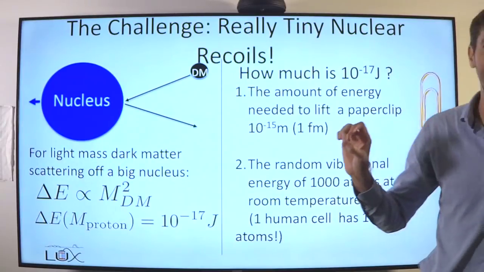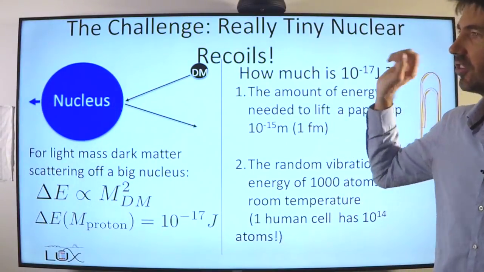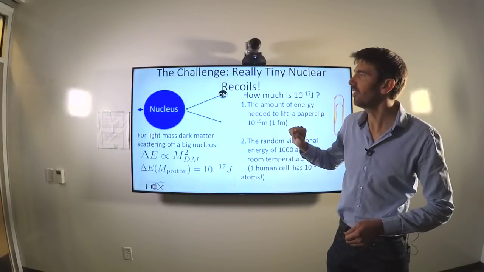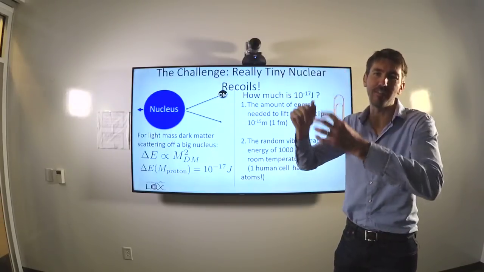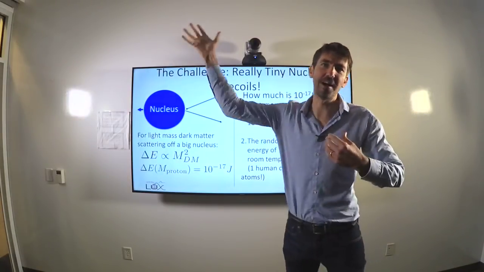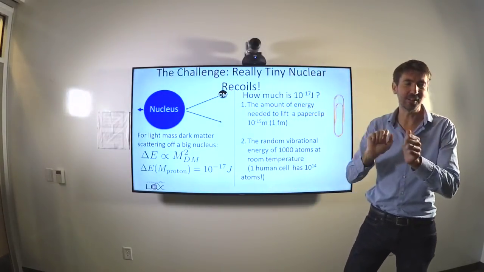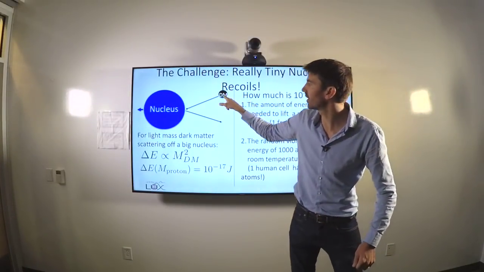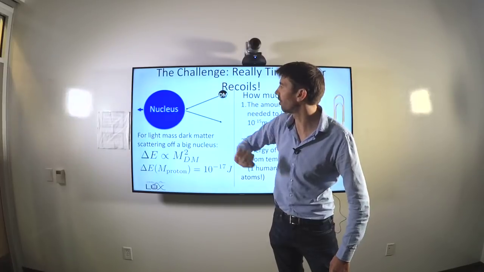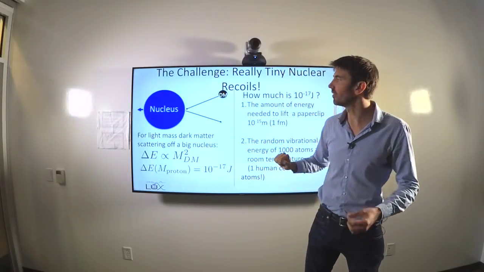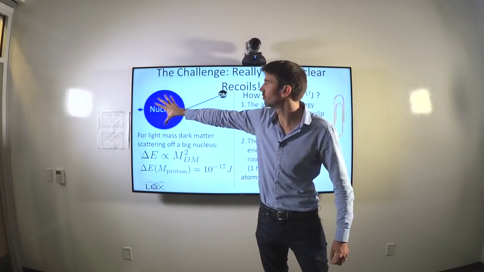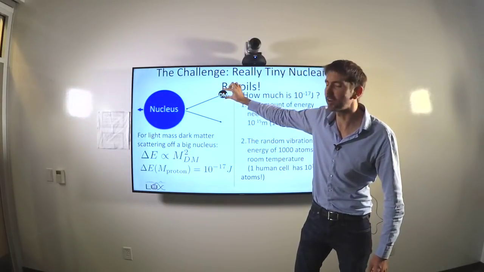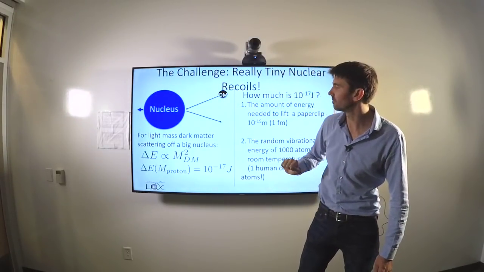And you can do this actually at home if you have a bouncy ball. Just toss a ball against the wall, and you don't give a huge amount of energy to the wall. The wall doesn't fly away from you. And this is because there's a kinematic mismatch between the bouncy ball and the wall. And for our experiments, the wall is basically this large nucleus, and the dark matter is this very small light mass particle.